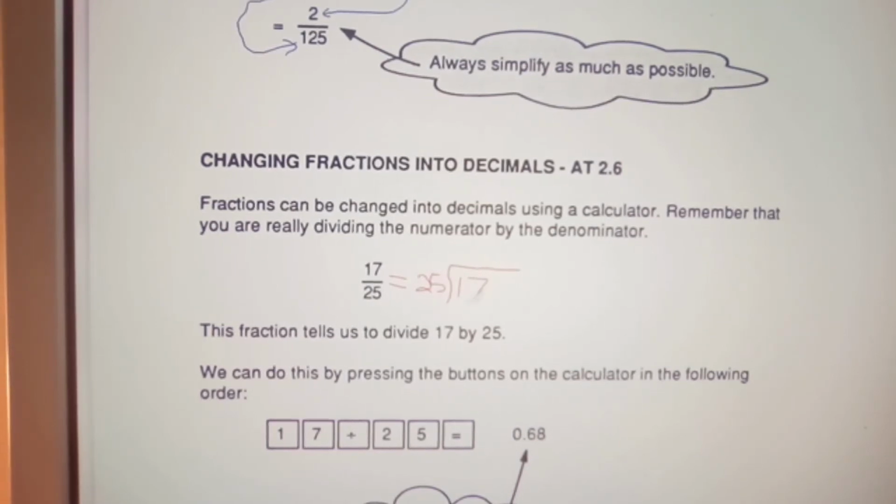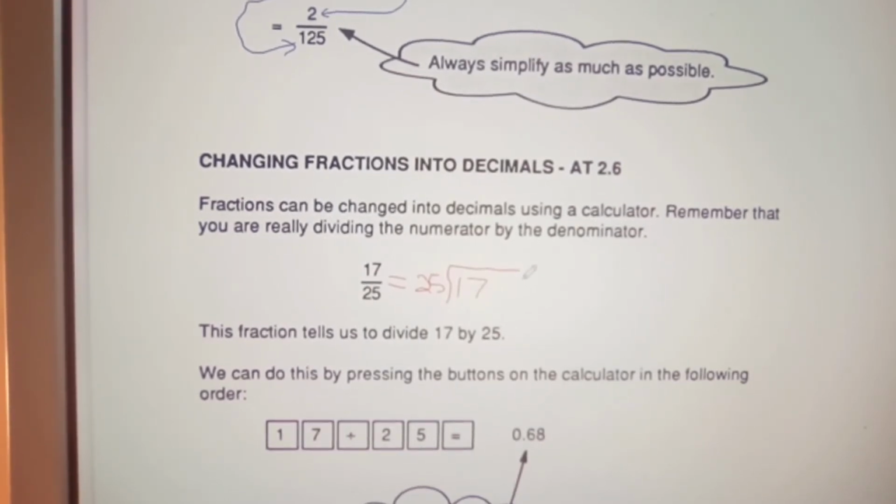Okay. So we're saying 25 into 17. Let's look at it now. Equals another bracket, okay.